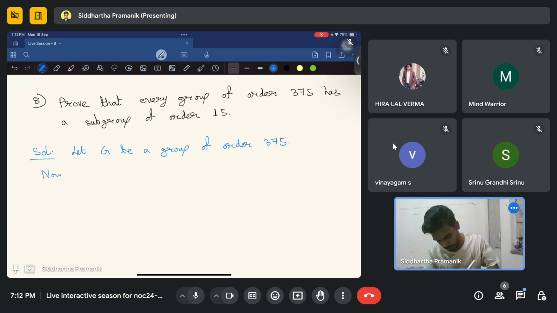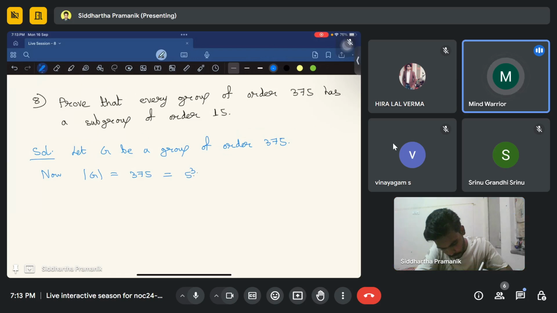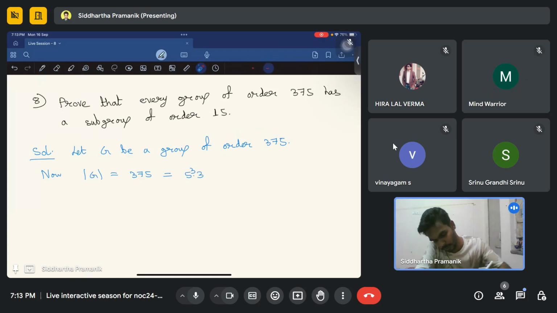So what is the prime factorization of 375? It is 5 cubed into 3. So it has a Sylow 5-subgroup of order 5 cubed, which is 125, and a Sylow 3-subgroup of order 3.